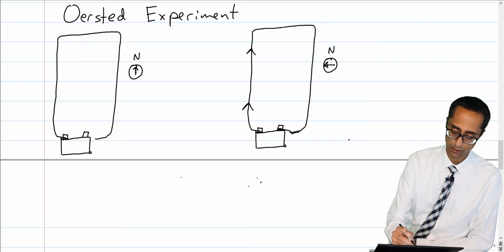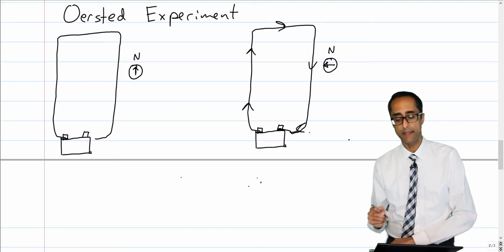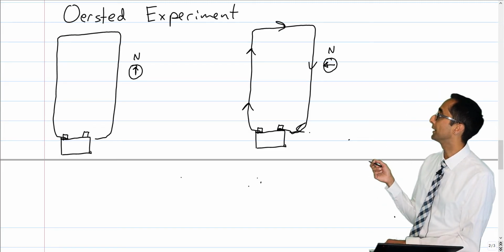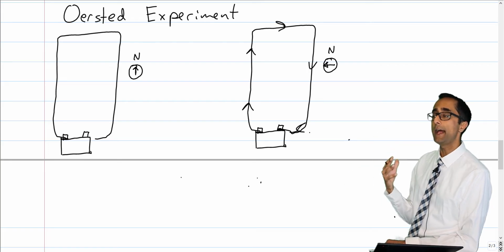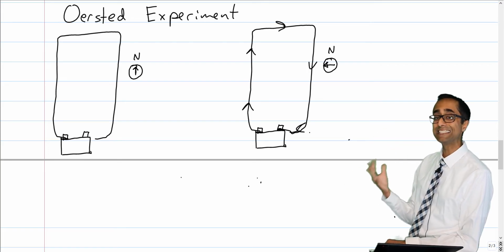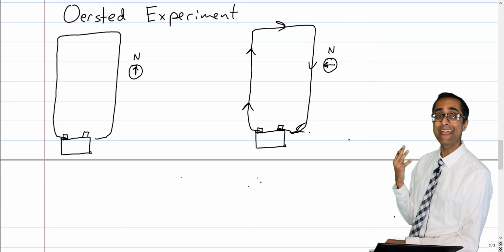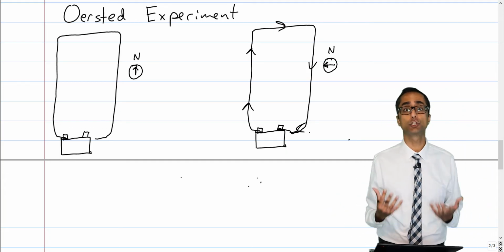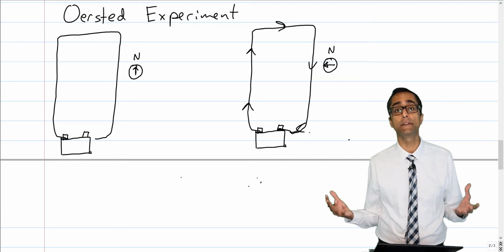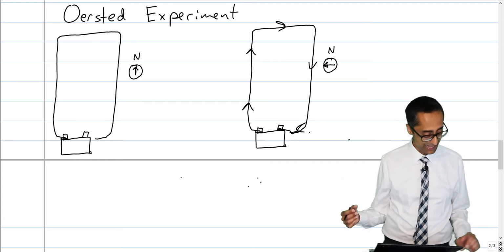And so we have our current going through the wire, and as the current goes through the wire, those electric charges are moving around, and when they do that, there is a magnetic field produced. And that magnetic field is being felt by our compass, is being measured by our compass. It is in fact stronger than the Earth's magnetic field at that point.